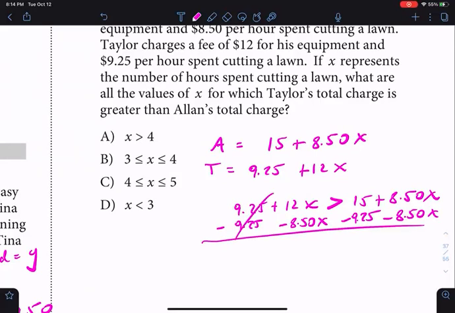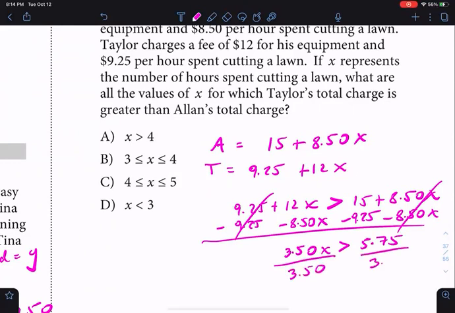You get 3.50X, and on the other side, this cancels and you get 5.75. Then you divide by 3.50, and you get your answer. X should be 4, right?